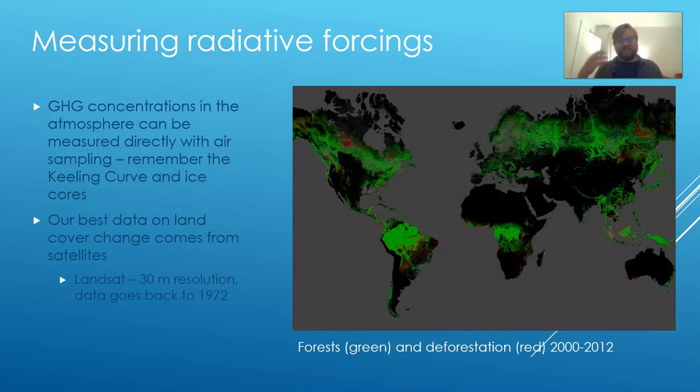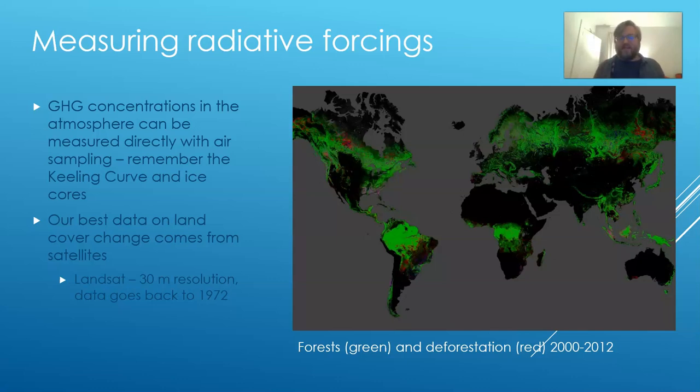And then once we know certain amounts of gases, how many parts per million of CO2 we are at a certain point, then we can use our understanding of physics to calculate how much effect on the Earth's radiation budget that's going to have. So we've already talked a bunch about measuring the air composition and its effect on the greenhouse effect.